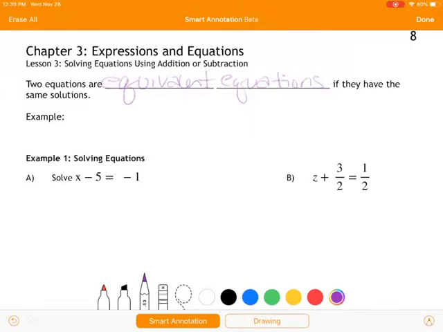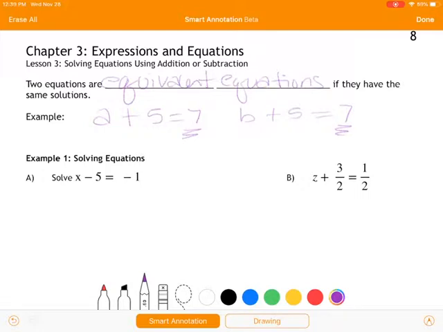For example, if you had the equation a plus 5 equals 7, and in another equation, b plus 5 equals 7, these are two equivalent equations, because they have the same solution, 7. So basically, if we want to say equations are equivalent, they have to have the same solution.